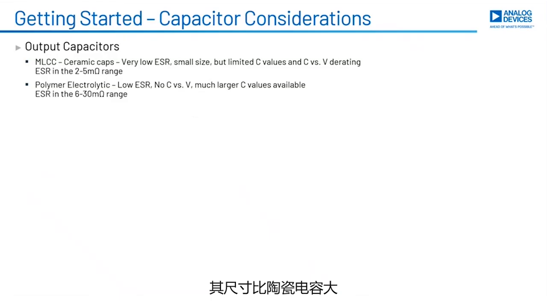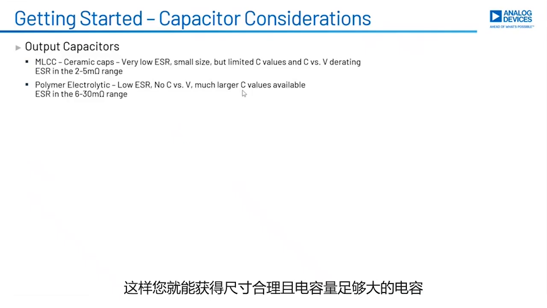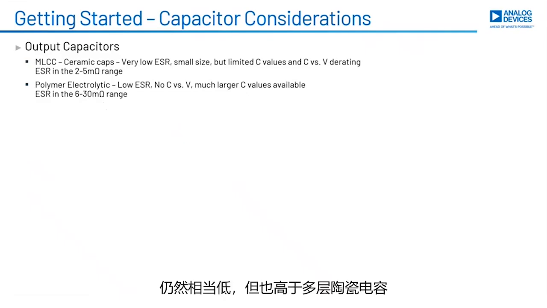They're larger than the ceramic caps, but if your design needs a lot of capacitance on the output, you may want to have a mix of the ceramic and the polymer cap so that you get enough capacitance in a reasonable size. And the ESR range for the polymer electrolytics is between maybe 6 and 30 milliohms. So still quite low, but not quite as low as the multi-layer ceramics.